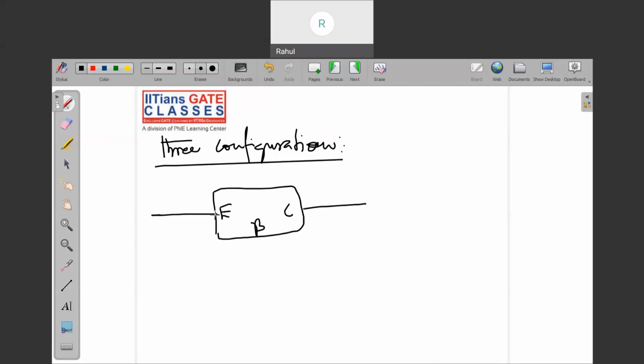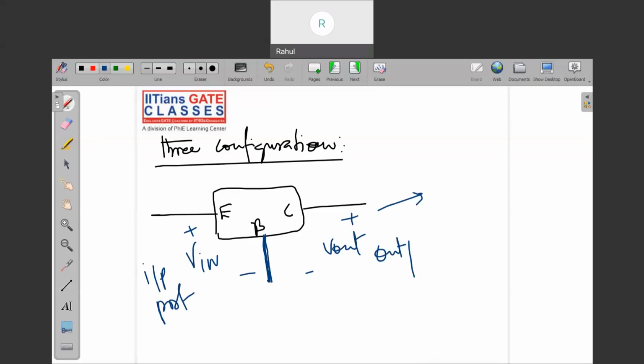If we apply the input between emitter and base, and take the output between collector and base, you can see the base terminal is common between the input port and the output port.